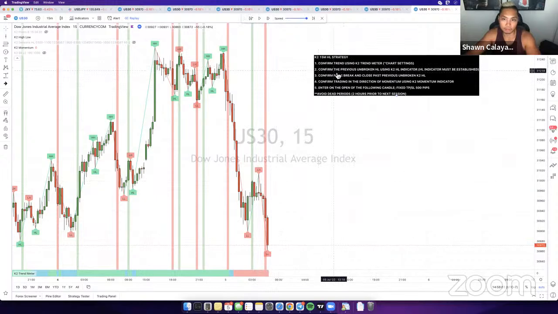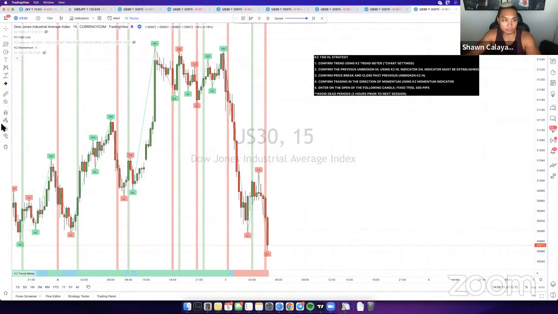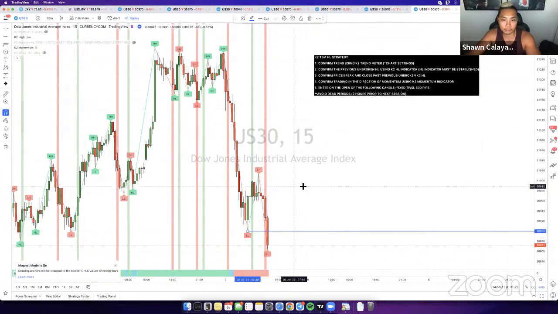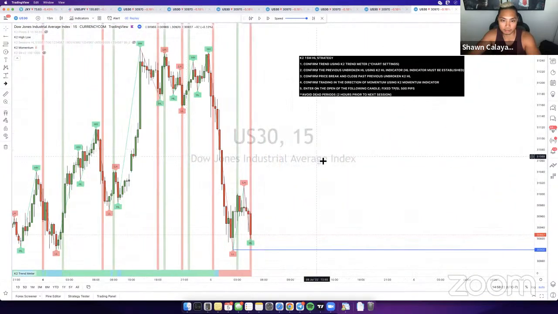Requirement number 2, you want to confirm the previous high-low using the K2 high-low indicator. So we have a K2 high-low indicator right here. Prior to this candle, this is going to be the most recent low. And for it to be unbroken, let's just go back over here real quick. Okay, so this is before that entry, right?